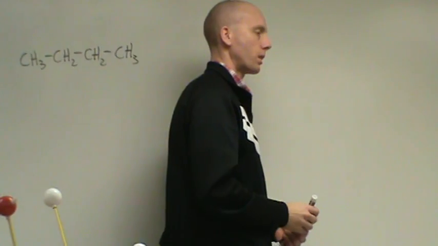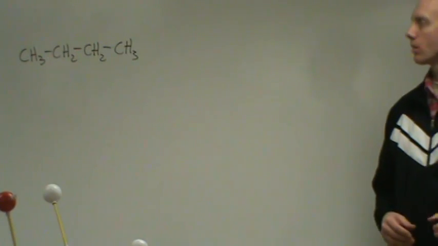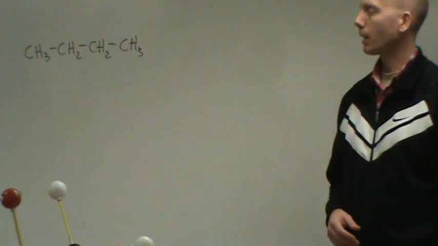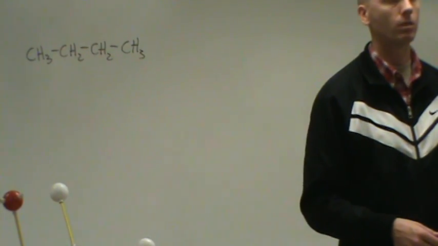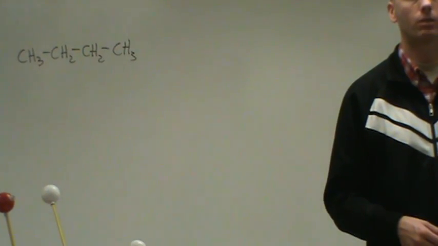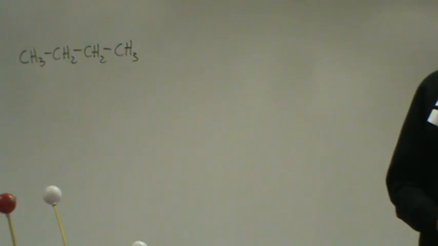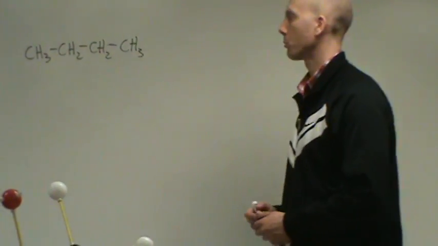Okay, let's go to this one here, butane. If you look at butane, how many carbon-carbon bonds are in there? 3. Okay. So I need to choose a particular bond for my Newman projection.